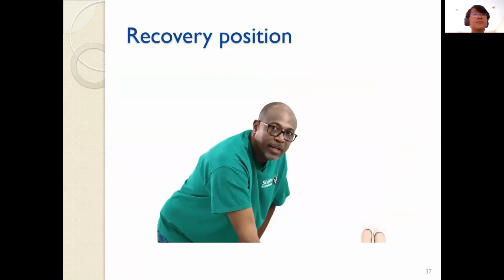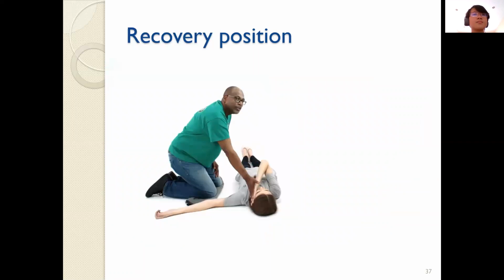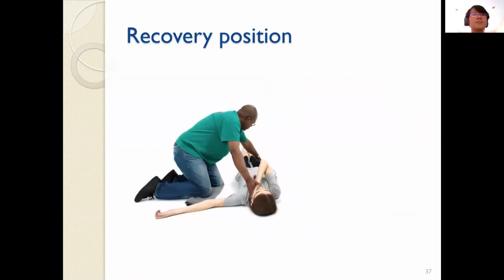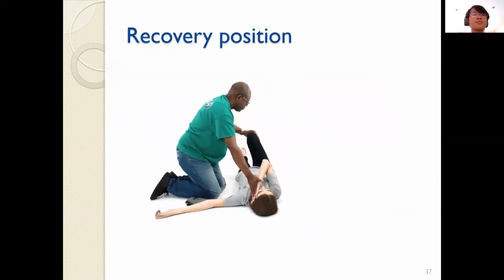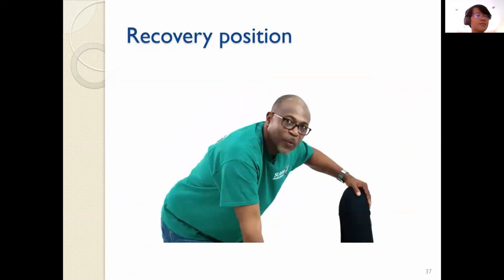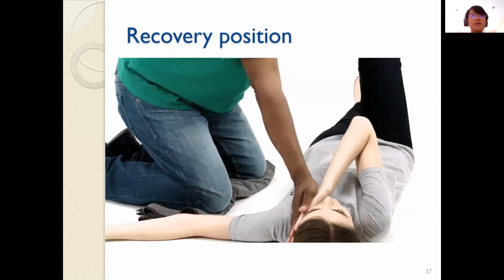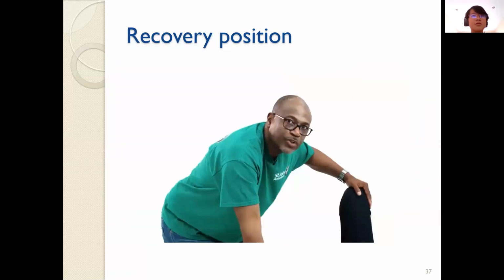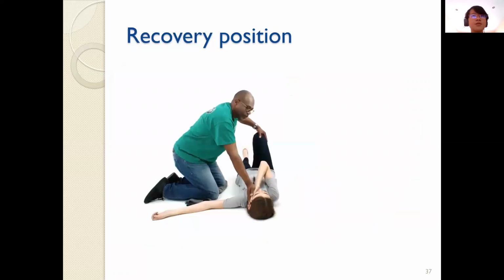With your other hand, lift the far knee up until their foot is flat on the floor. Whilst keeping the casualty's hand pressed against their cheek, pull on the far leg and carefully roll the casualty towards you and onto this side, like so.